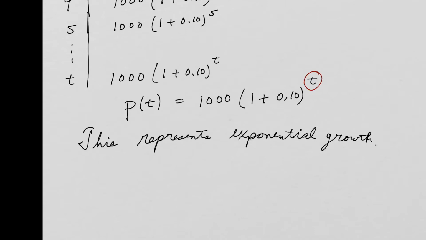Our independent variable, our input, is the exponent. Whereas in the linear case, we're just multiplying times t. The equation was 1,000 plus 100 times t. Here we're raising it to the t power. So at first it doesn't look like there's much of a difference in the population, but then as t gets larger and larger and larger, this grows very, very fast. This population will grow very quickly.